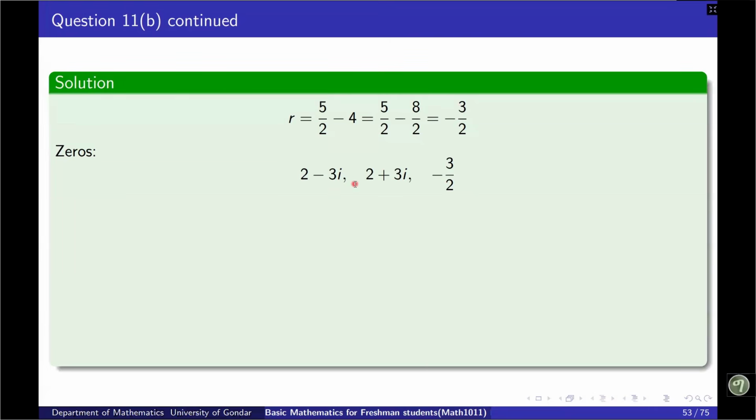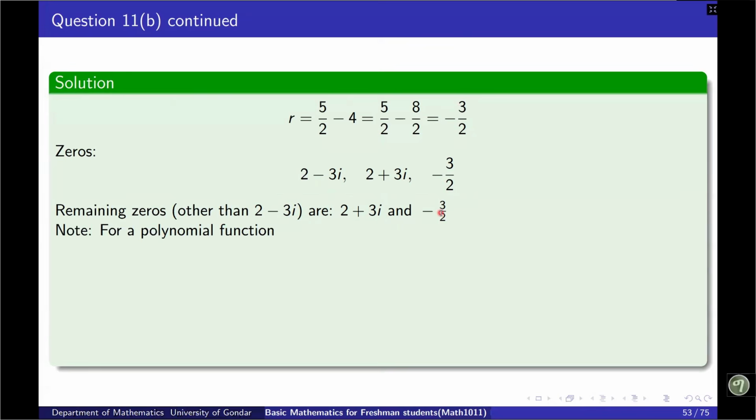Therefore, 2 minus 3i, 2 plus 3i, and negative 3 over 2 are the zeros of the given polynomial function, so the remaining zeros other than 2 minus 3i are 2 plus 3i, which is the complex conjugate of this complex number, and negative 3 over 2.